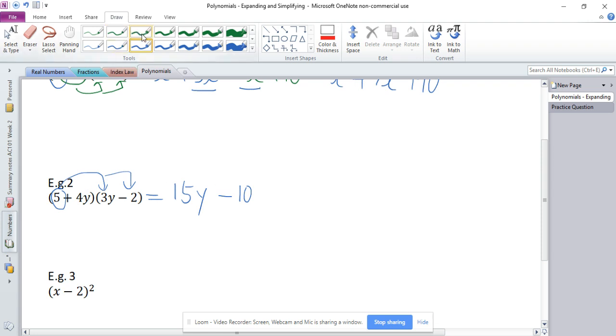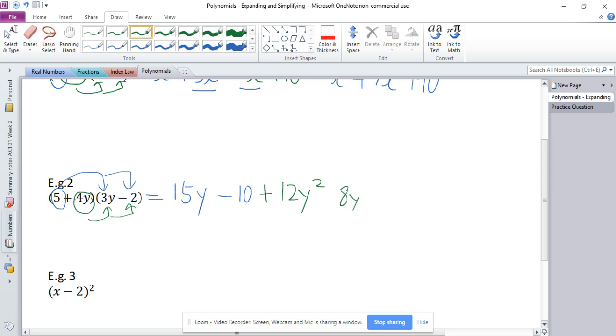And then the second term from the first bracket, times here, you have plus 4 times 3 is 12, y, don't forget y times y is y squared. And 4y times 2 is 8y.